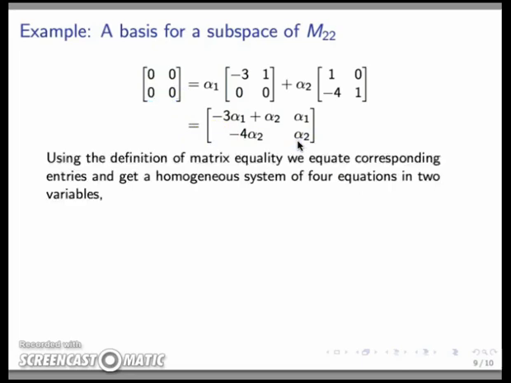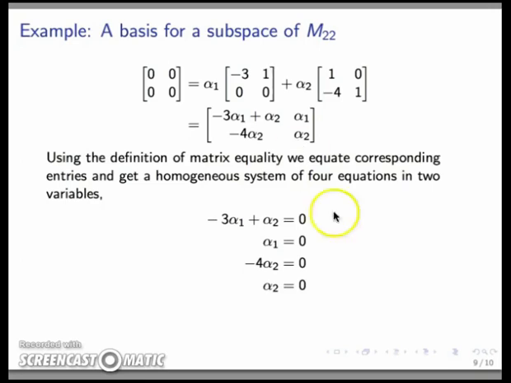By comparing entry by entry, we obtain a set of equations, also a homogeneous system of equations. We could form the augmented matrix and compute the solutions for this homogeneous system, but we also observe that each of these equations resolves by comparing entry 1,1 with entry 1,1. That gives you the first equation and so on.